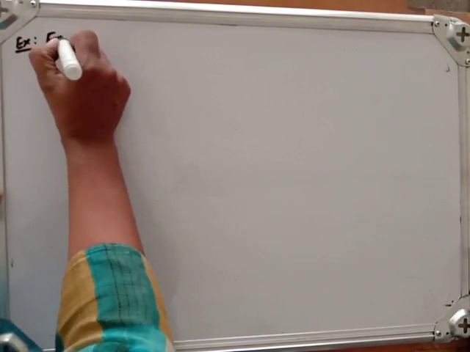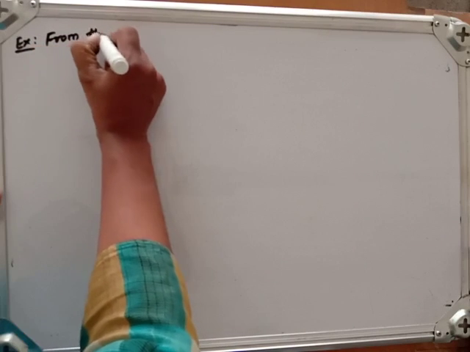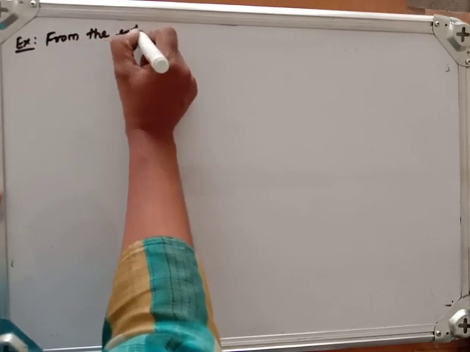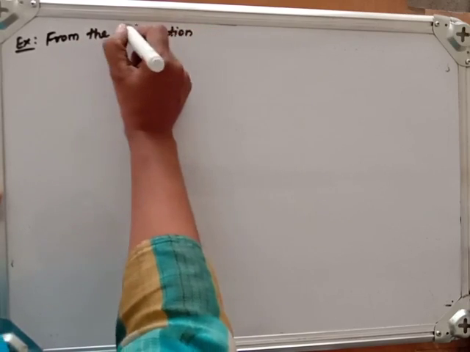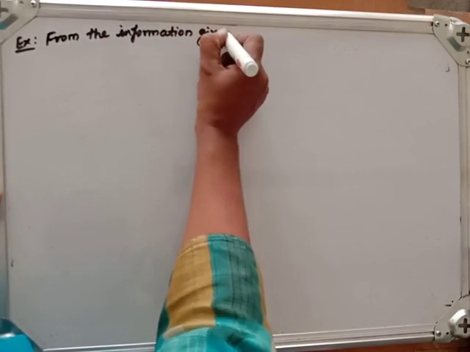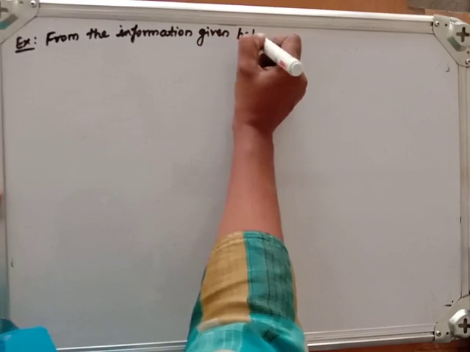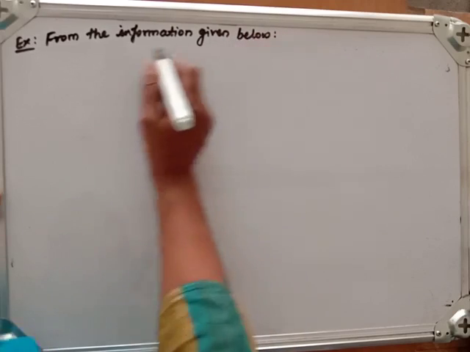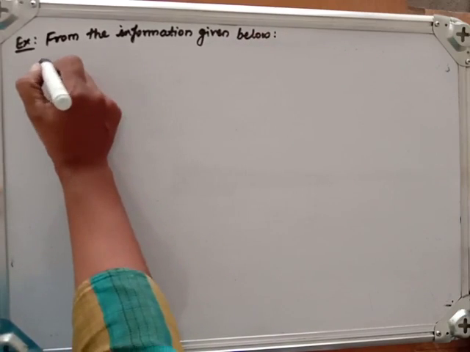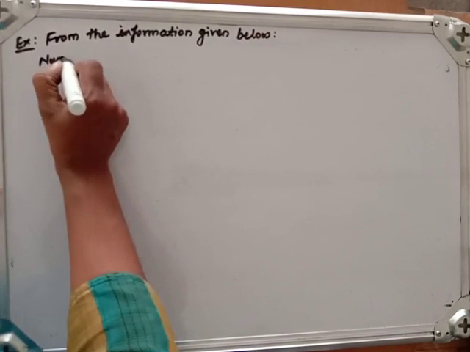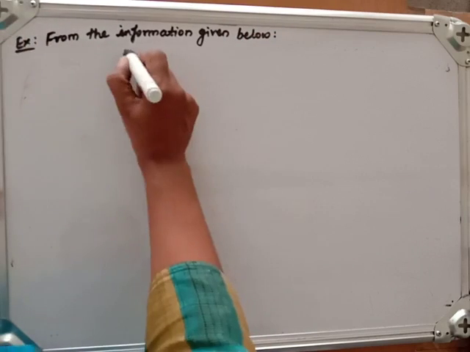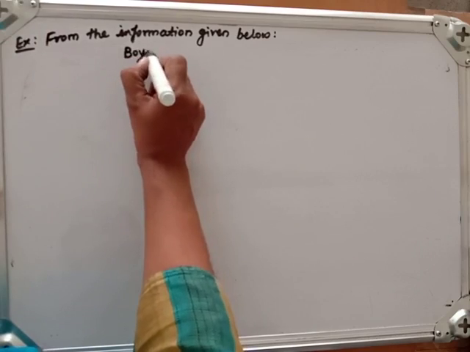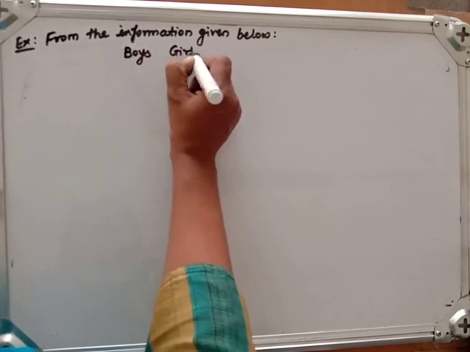Suppose from the information given below, actually two groups are there, boys and girls.